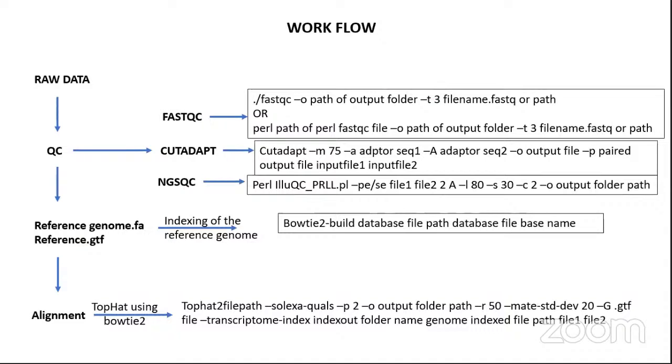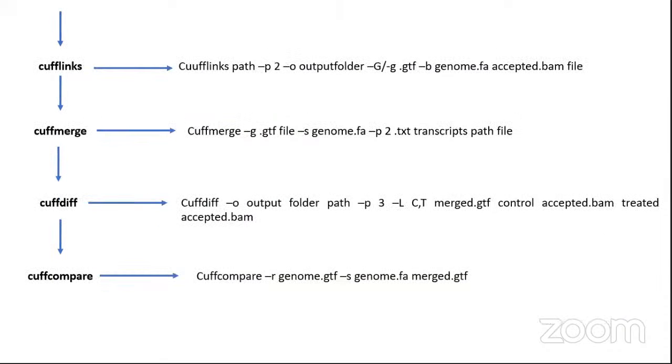So once we have done the alignment, after that there is a tool called Cufflinks. This is the command for Cufflinks. This will quantify your transcripts and report the transcripts in FPKM or RPKM.